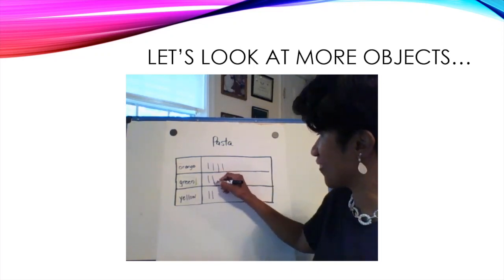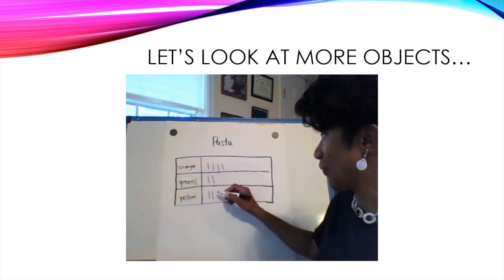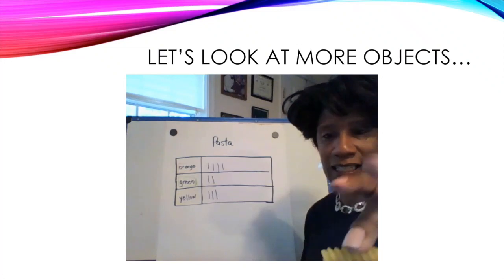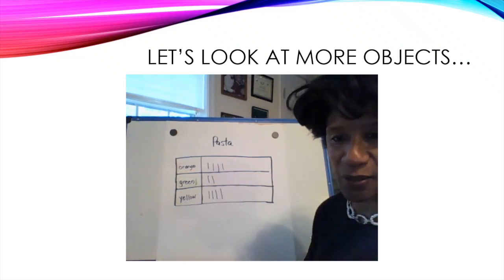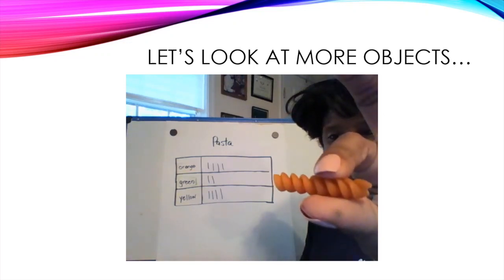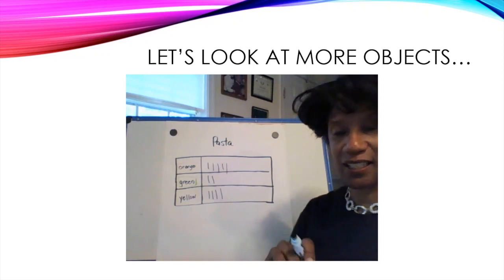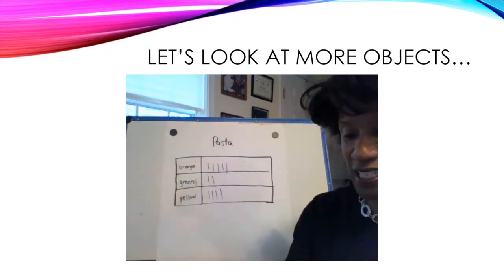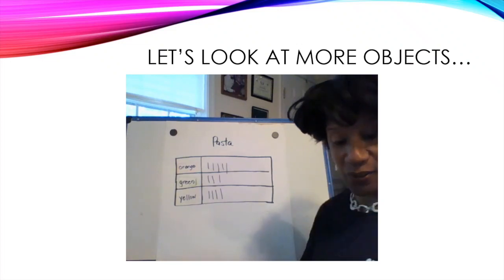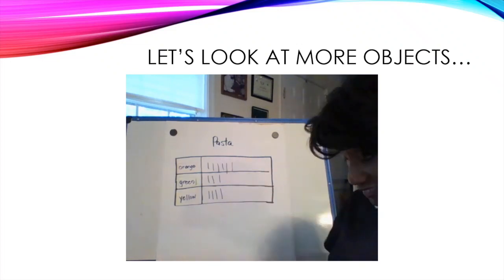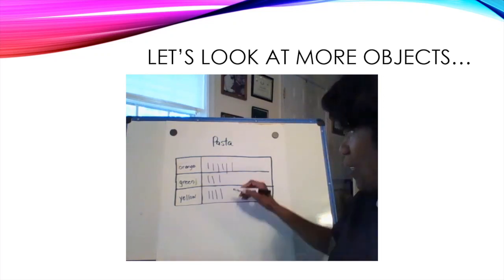Green. Yellow. Yellow. My kindergartners are so great at knowing their colors. Orange. Green. Orange. And yellow.